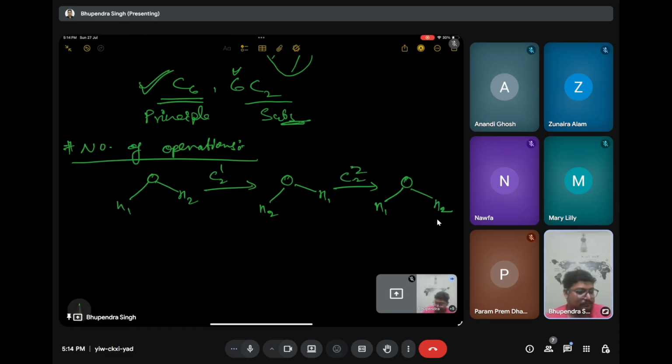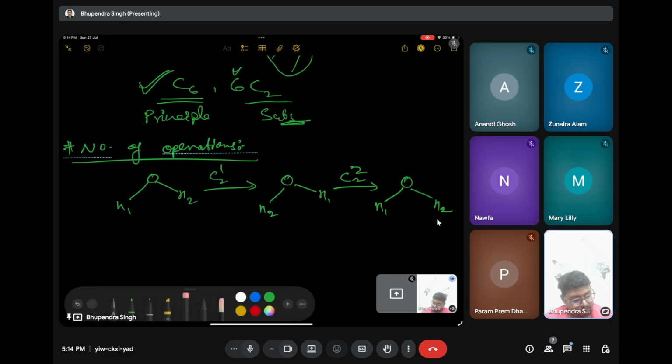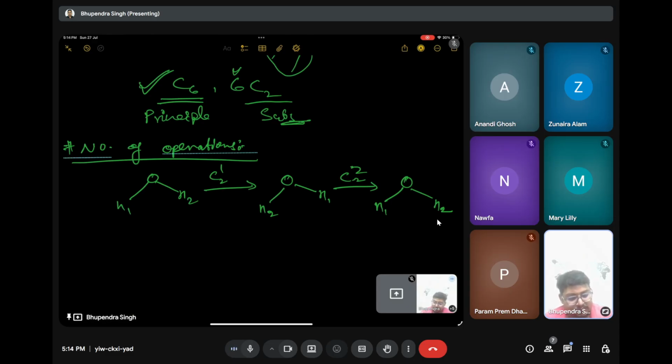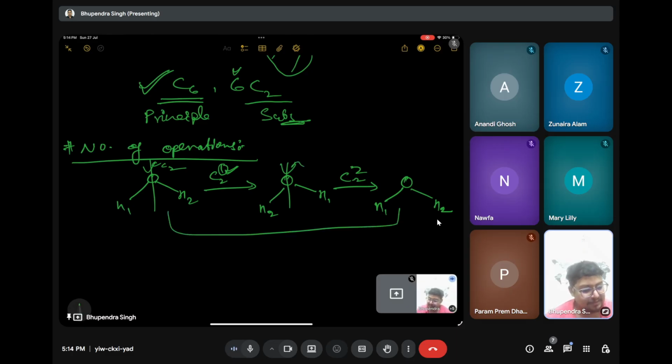See, how many operations are required? Two operations are required. See, the water molecule has one C2 axis here. This is n, the number of operations. Second, this is the second operation. You will reach an identical structure. Okay, these are equivalent.